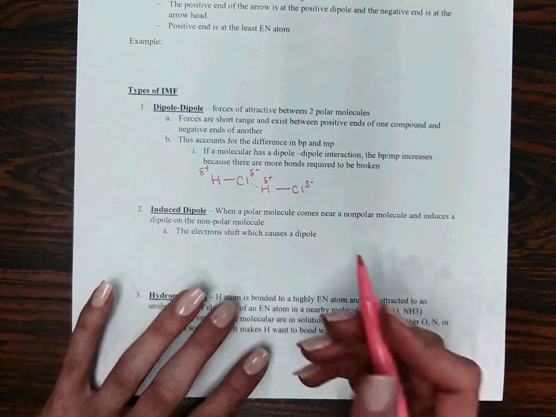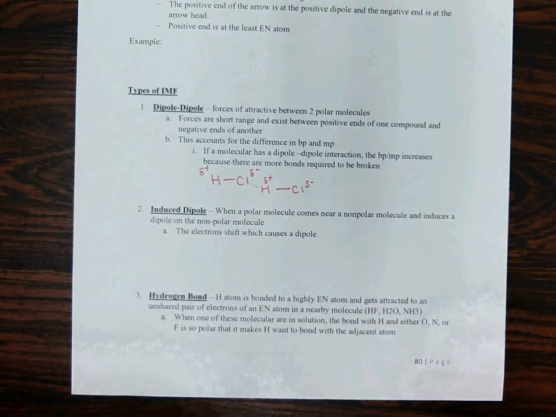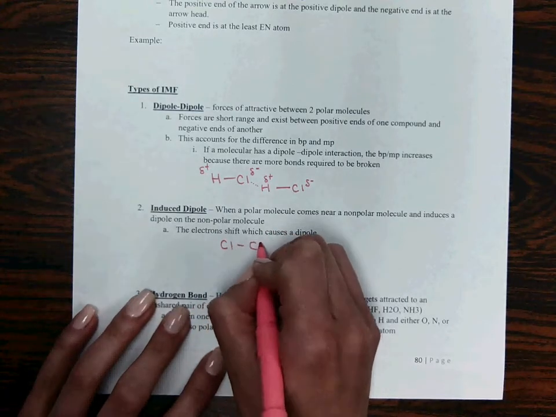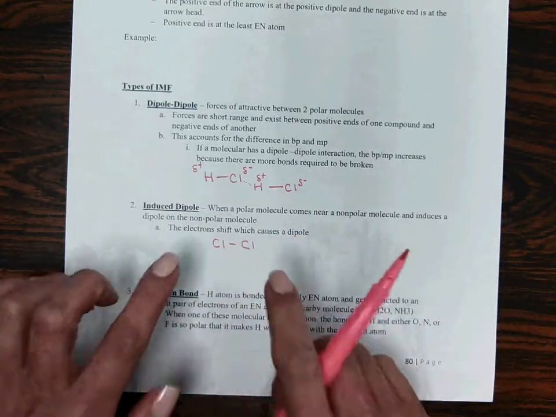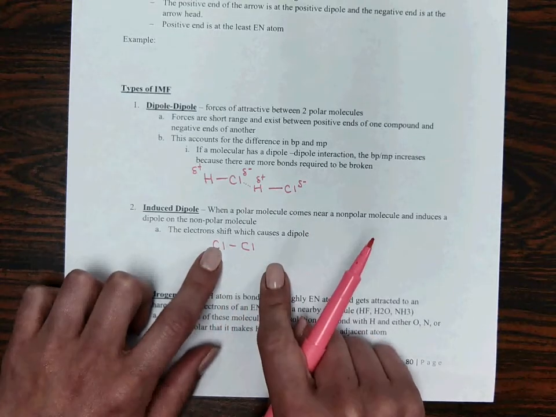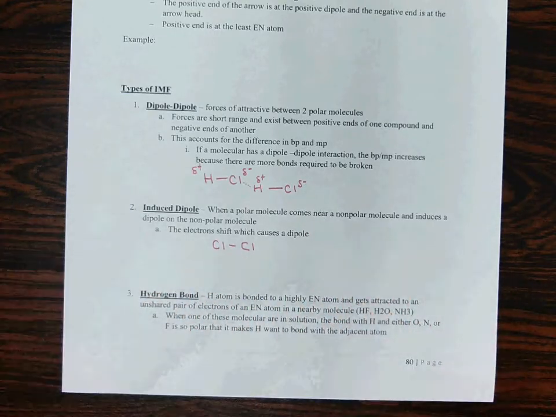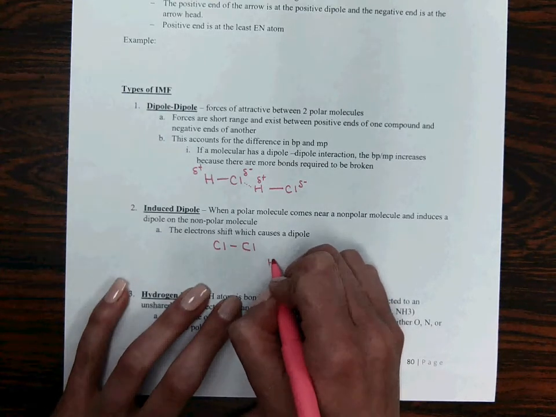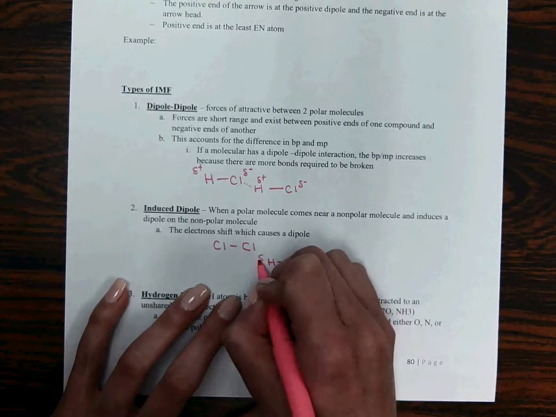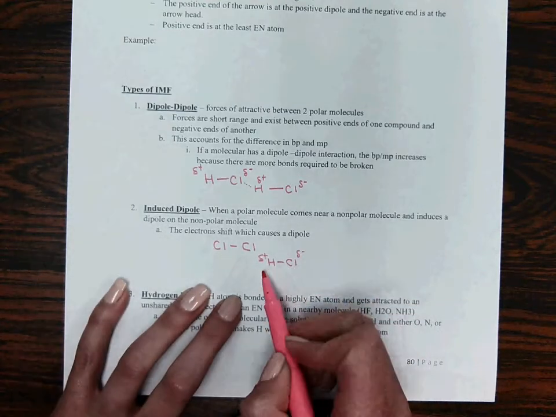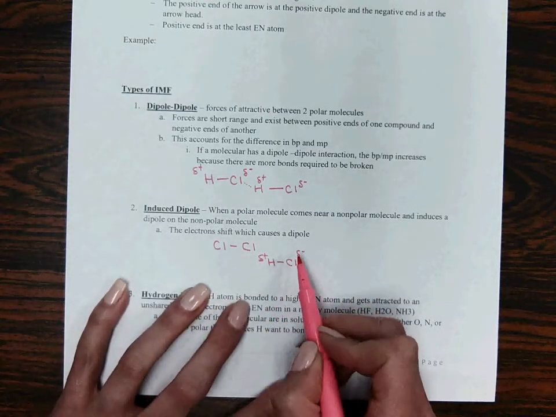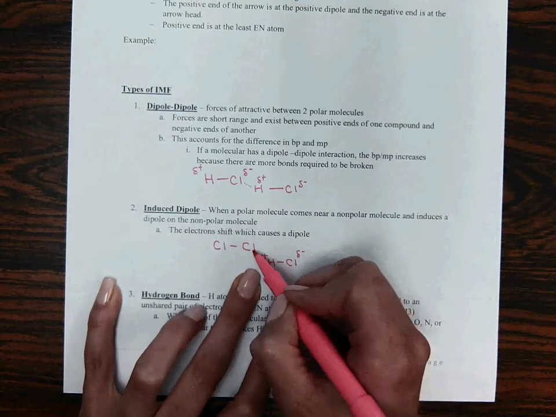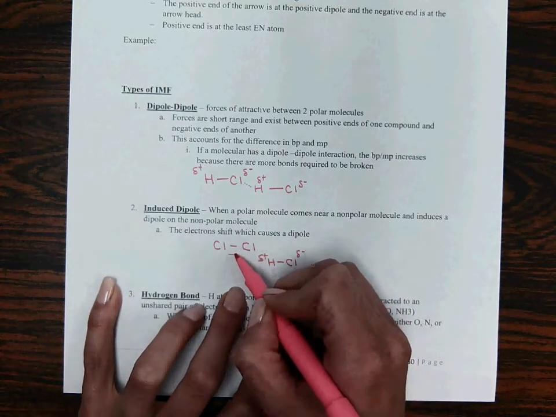There are times when you're going to have more than one type of molecule in a solution, and sometimes one of those molecules is going to be nonpolar, like a chlorine-chlorine bond. So neither of these chlorines is going to pull those electrons closer to it than the other. And then you may add something like hydrochloric acid around here, where this is still partial positive, this is still partial negative. Now, because this partial positive is here, it's going to start shifting electrons this way.